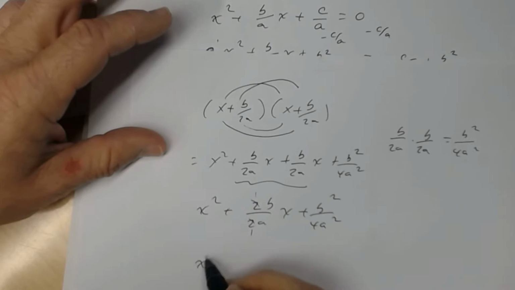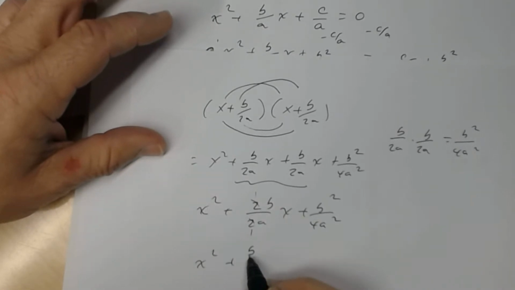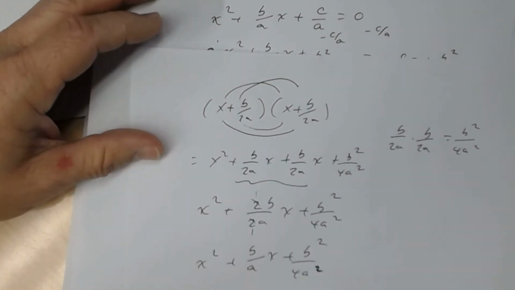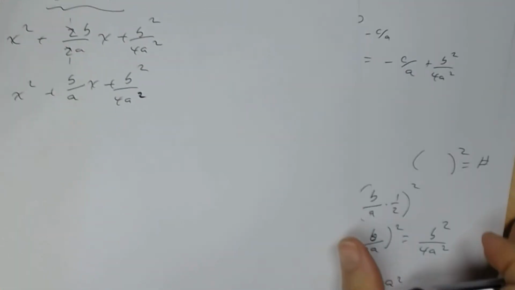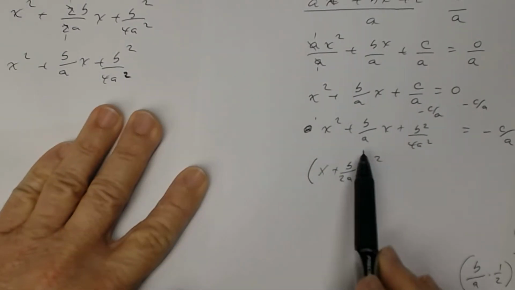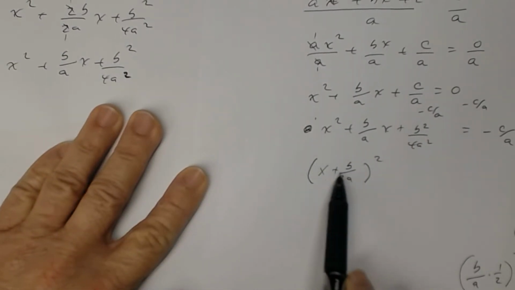So this becomes x squared plus b divided by a x plus b squared over 4a squared, which is what this is. See, this right here is this. So this right here is correct.